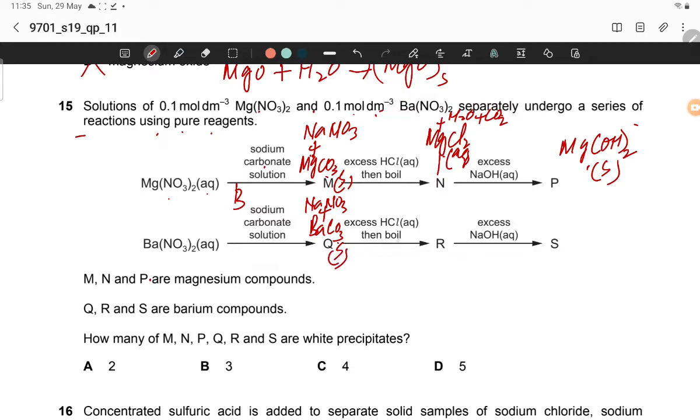Barium carbonate reacts with HCl to form barium chloride aqueous plus water plus CO2. Barium chloride reacts with excess sodium hydroxide to form barium hydroxide aqueous.